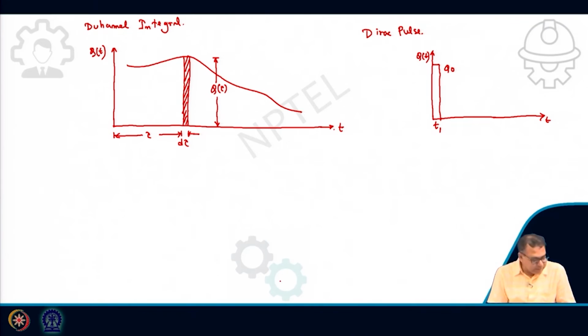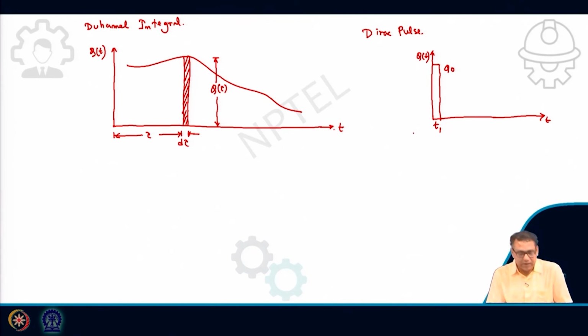Q0 is applied over a duration t1 that approaches 0, because it is a pulse loading. That means you apply it and then remove it. So t1 approaches 0 as we apply a load Q0, using the Dirac delta function.